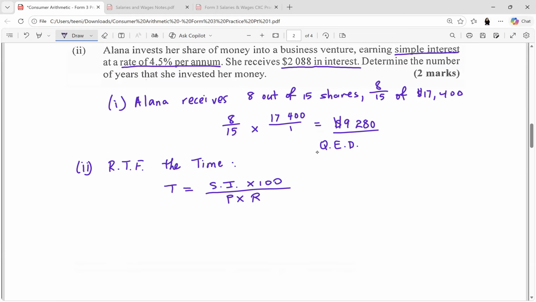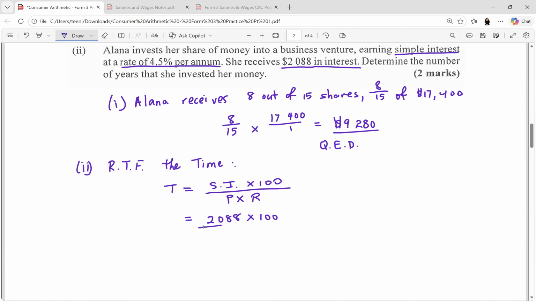So Zara, I want you to help me again with this question since you just did it with me. Tell me, what is the simple interest here? The simple interest is 2,880. Right, that's the interest. What's the principal?